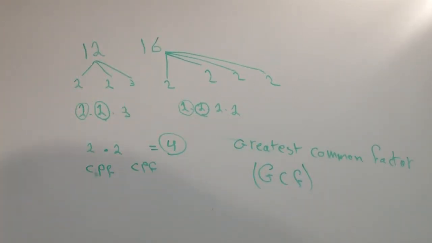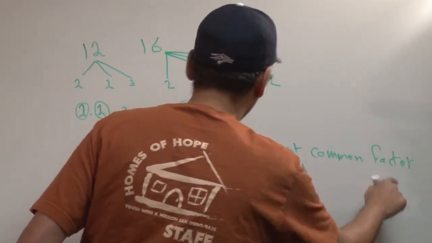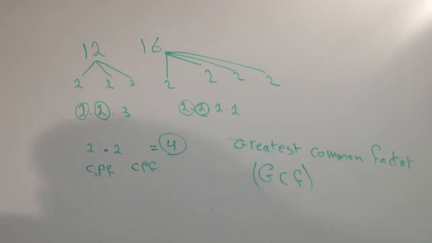So my definition of the GCF is the product of the common prime factors between 2 or more numbers. Let's take an example for that.